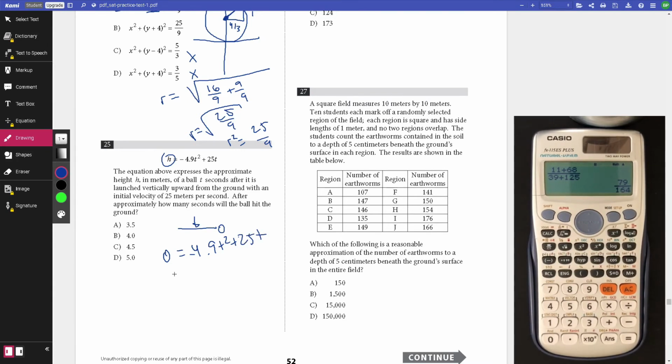So you have 4.9 t minus 25 is equal to 0. So then we have 4.9 t is equal to 25. So that's about 5 seconds. So D.